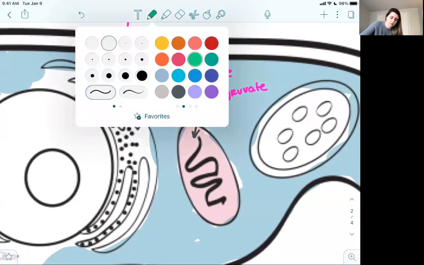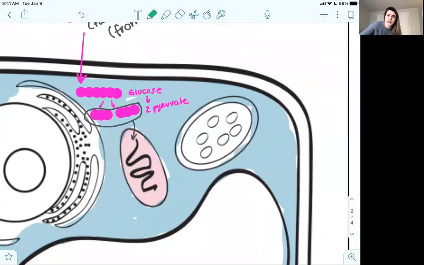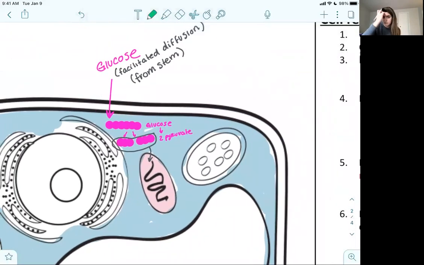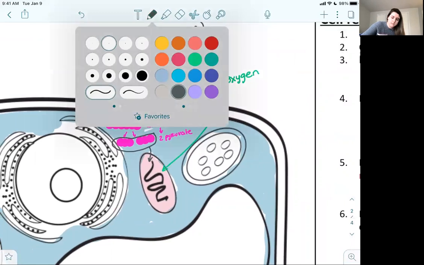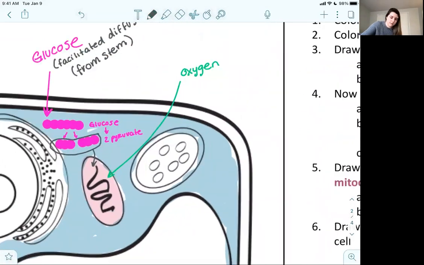We also have some other things that are entering and leaving the cell at this point. It mentions that we have to draw an arrow showing oxygen entering the cell and the mitochondria. So I'm going to draw from the outside environment into my cell. This is my oxygen, and it would like us to state the transport movement and that it's coming from the outside environment.